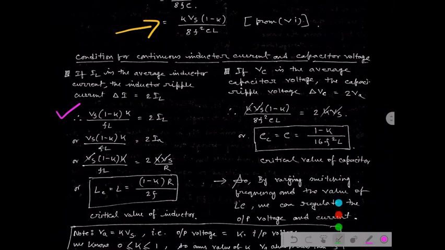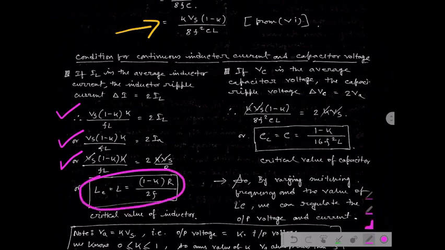After simplification, with the value of IL equal to kVs by R, put the value over here, and ultimately we get the critical value of the inductor, L equal to 1 minus k R by 2 Fs. So this is the value of the inductor.